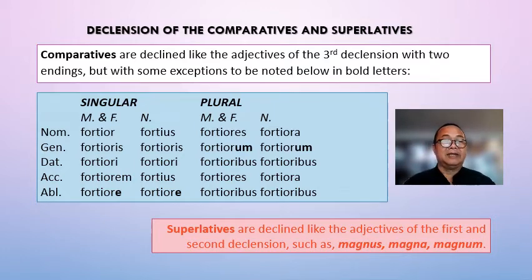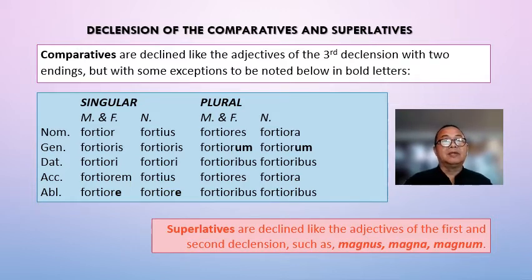That is why the example given there, the adjective fortis in the comparative degree, is declined like an adjective with two endings, because there is only one ending shared by the masculine and feminine, and another ending for the neuter.